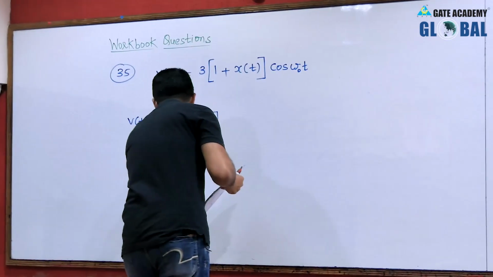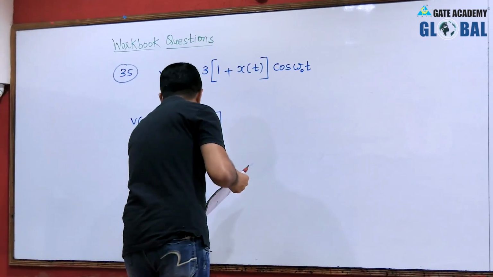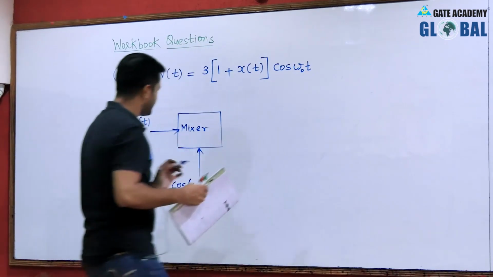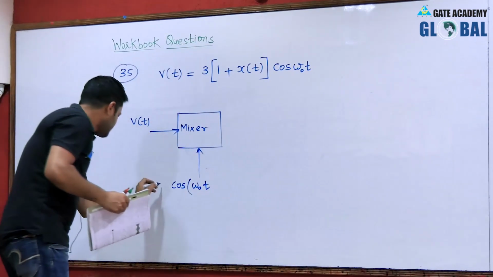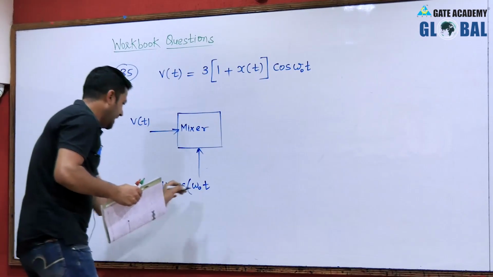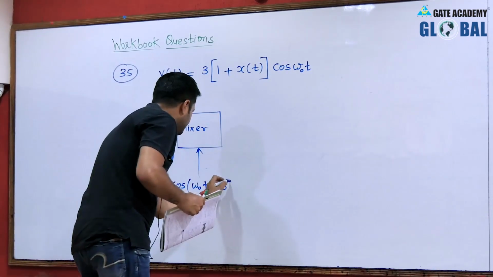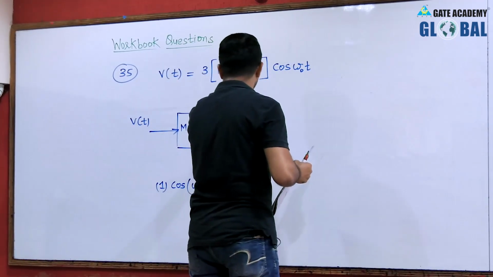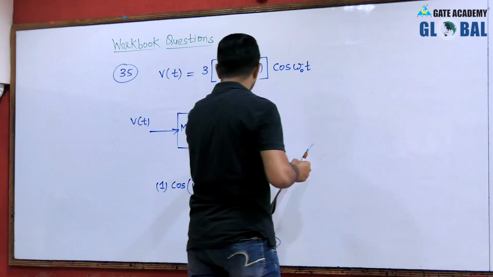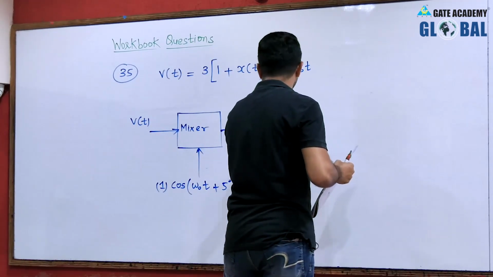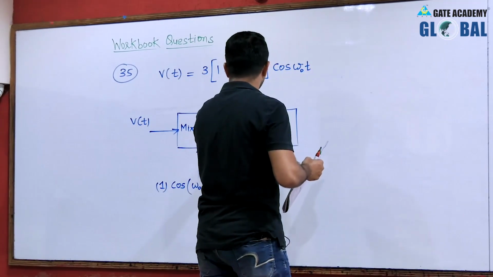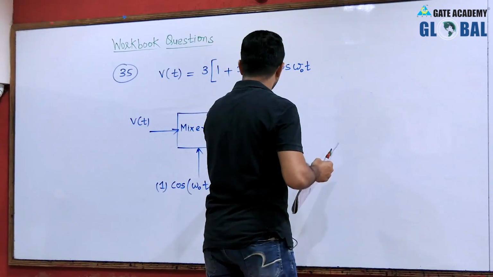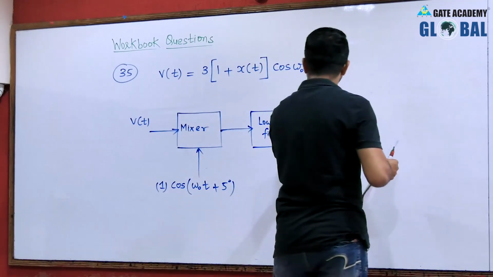Because this is a coherent detector, it should have the same frequency omega naught t, amplitude 1 and a phase error of 5 degrees. Because it is a synchronous detector, the output of this mixer or multiplier will pass through the low pass filter, and then we get the output.